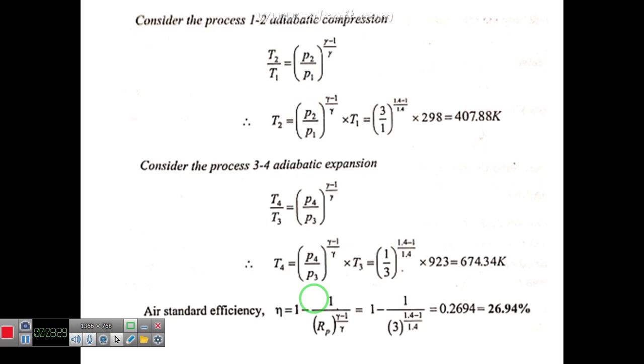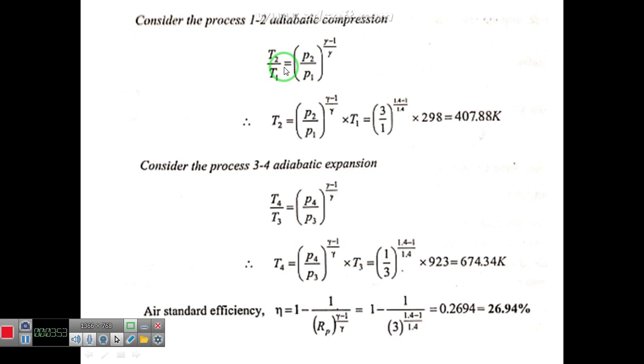So we consider the 1 to 2 process. This is the adiabatic compression, a thermodynamic process. The temperature and pressure relation is T2 divided by T1 equal to P2 divided by P1, power of gamma minus 1 divided by gamma.